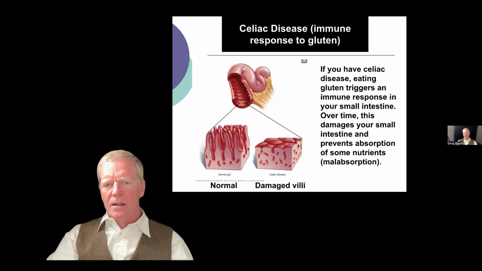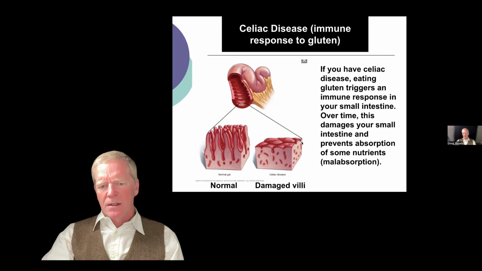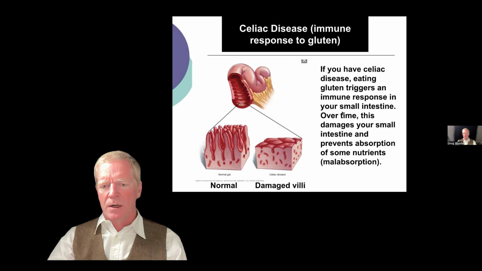Another disease that occurs in the intestines is celiac disease. This is an inflammatory response, an immune response found in the white blood cells in your small intestine that recognize the molecule gluten, which is a type of protein found in breads, found in wheat, and it triggers an immune response.